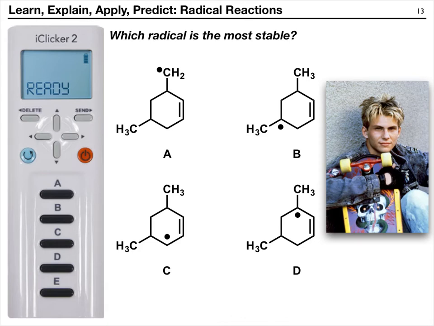Yeah, again, you're looking to classify the radical. So we see a couple more responses here. Yes, D is tertiary and it's resonance stabilized. So why did you choose D and not C? C is tertiary. What's the difference between C and D? Or excuse me, C is secondary. I'm thinking of B.